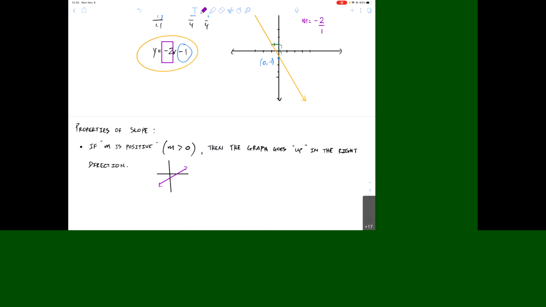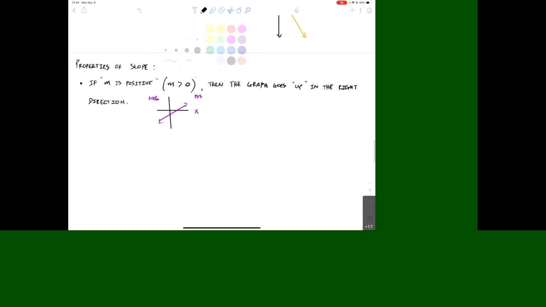And if I was there in person, I would say, hey, just remember this is the x-axis and this is the positive side, and this is the negative side. So you can see I would do this little dance where I would use my hands and I would say, oh, look, notice how the line is going towards the positive direction here, right? Because if they're negative, once it goes above the x-axis, it goes towards the negative. So I'll show you that right now.